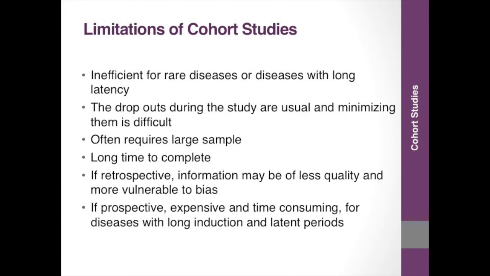When they are retrospective, the information might be of less quality and more vulnerable to bias. Sometimes the information has not been collected for research purposes, such as administrative databases. When they are prospective, they might be expensive and time consuming for diseases with long induction and latency periods.